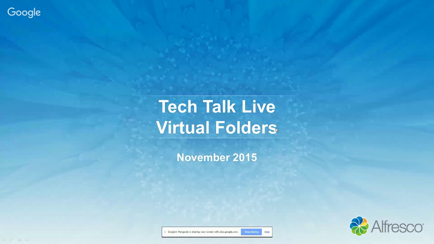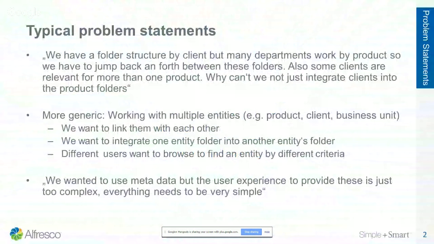Okay, virtual folders. So before going into virtual folders, I want to present a typical problem statement. I guess you come across this every now and then. It's quite typical. You have a folder structure, for example, set up by client, but your departments want to work by product.